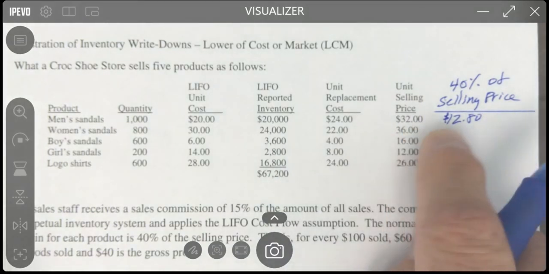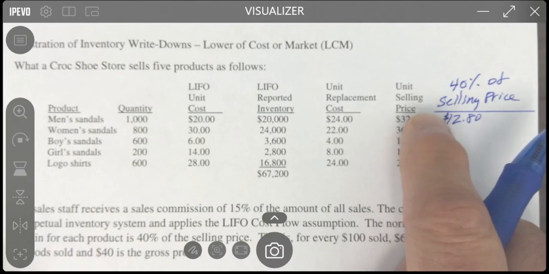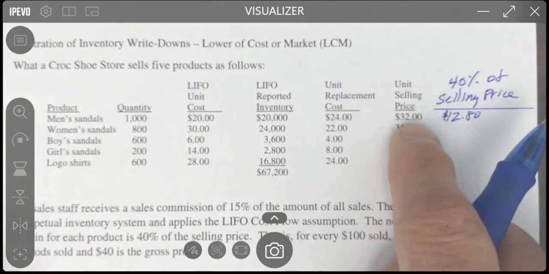The cost of goods sold is $32 times 60% of 32.